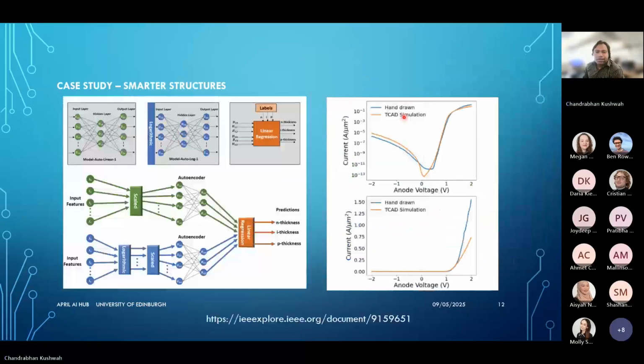This work presents a machine learning framework that integrates two autoencoders with a linear regression model to enhance the accuracy and the robustness of technology computer-aided design, or TCAD.